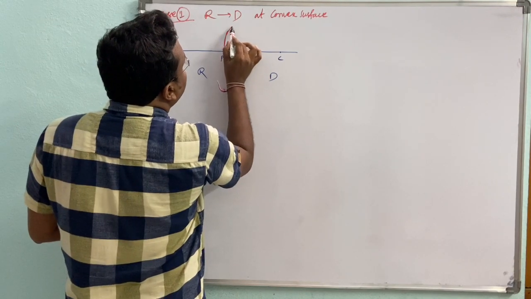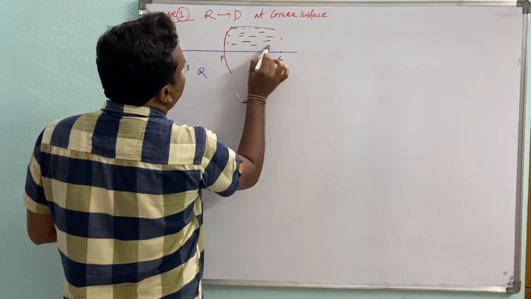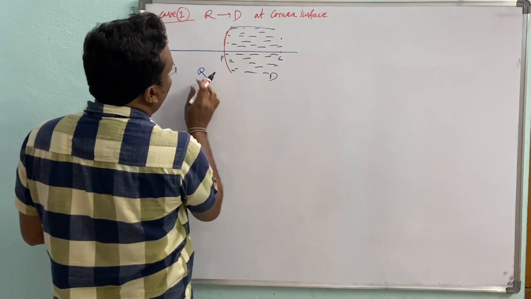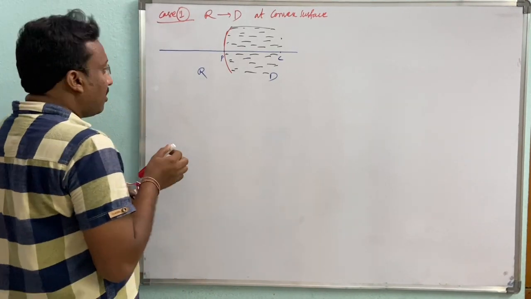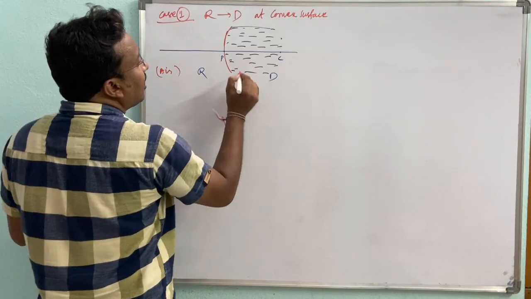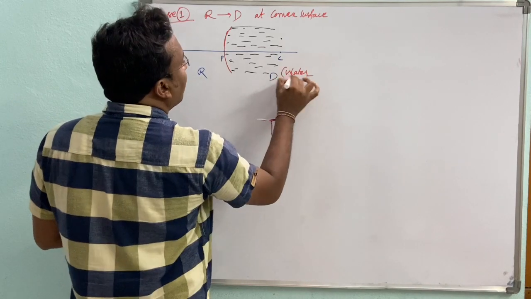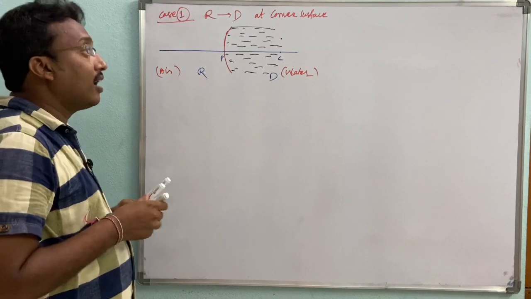For example, water is denser than air, or not? Here you can take the medium as air, and here the medium is water. So, rarer to denser. Okay. Then see here.